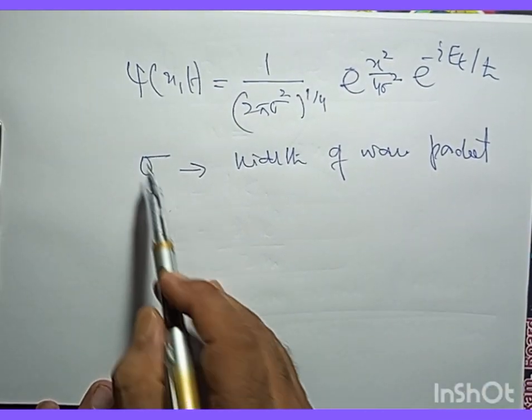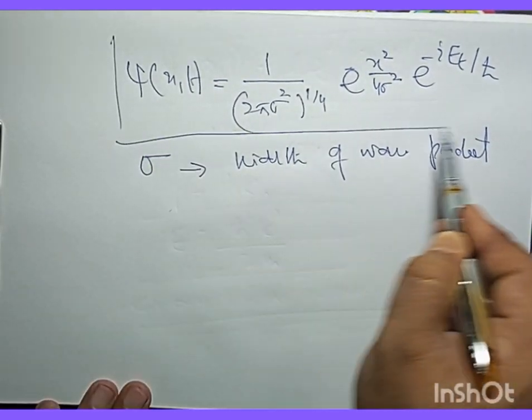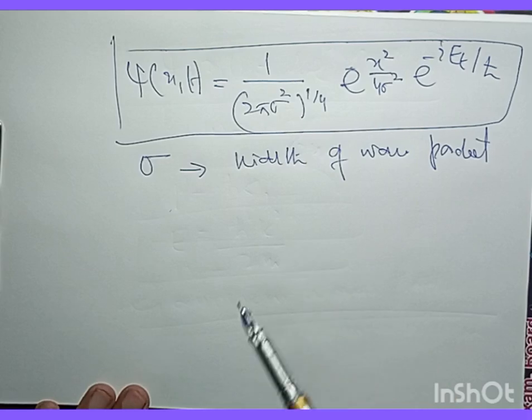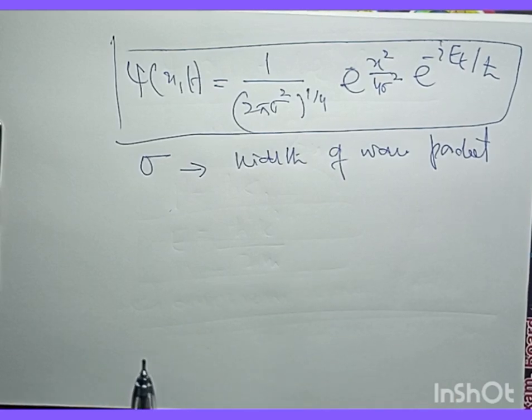And the evolution of this wave packet in time demonstrates the spreading of the wave packet, which certainly reflects the uncertainty principle. As the wave packet spreads out, its momentum intensity increases.